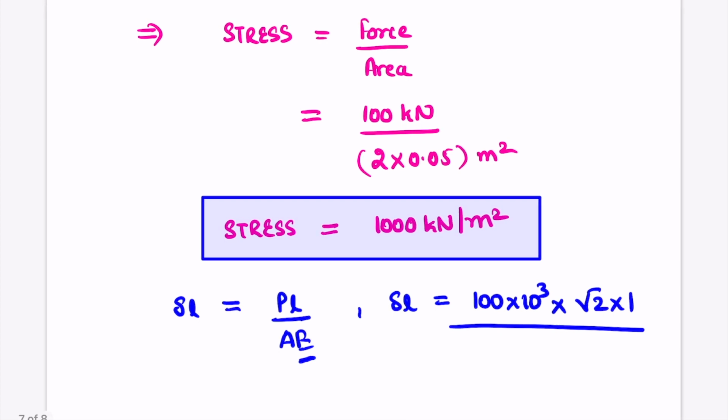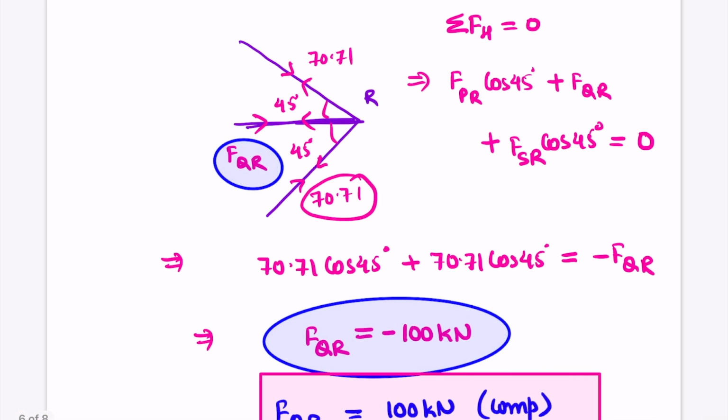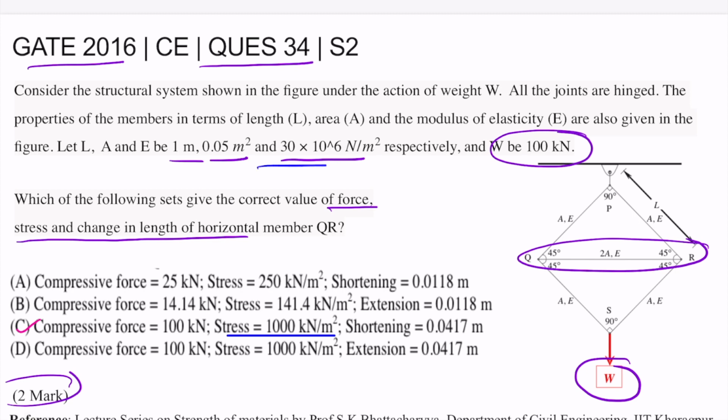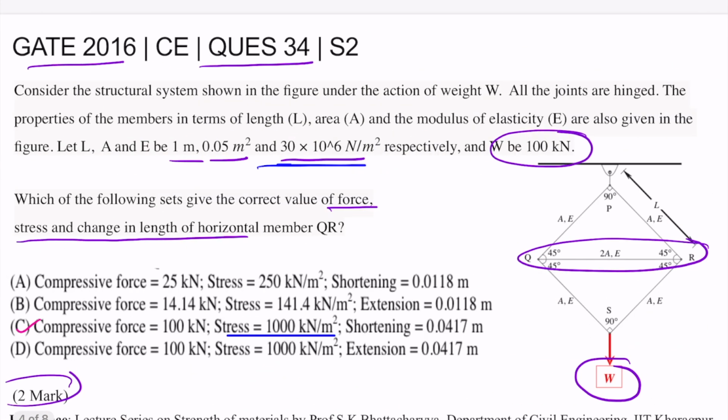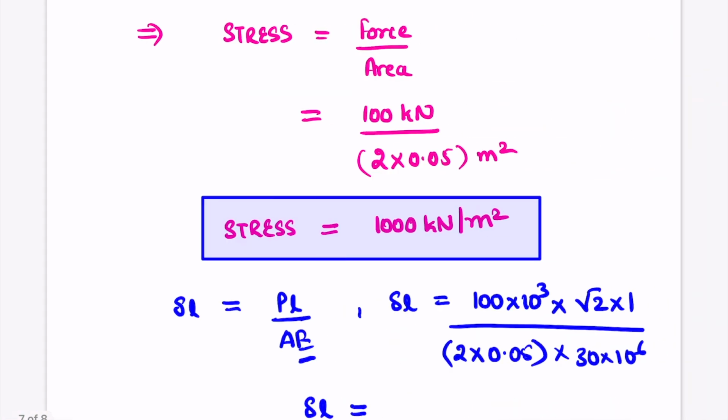A value is 2 into 0.05 because it's 2A actually, and E is given to us, the value of E is 30 into 10 raised to the power 6. From solving this, we get the value of delta L as 0.0417 meter. So this is the final answer we got for delta L.